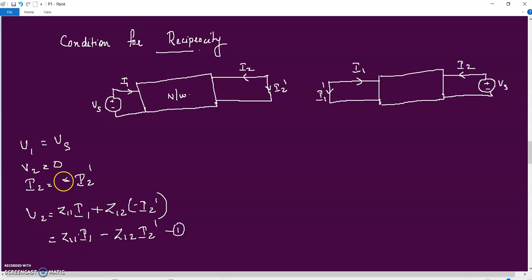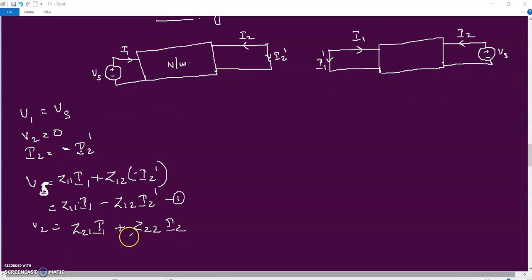The second equation we can write as V2 is equal to, sorry, this is V1, and therefore we have to write it as Vs. Here it is Vs. This is the actual second equation. So we can write it as 0 is equal to Z21 I1 minus Z22 I2 dash.